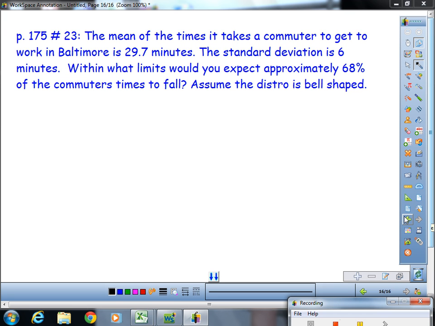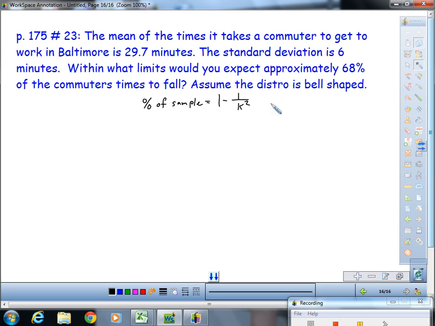So we want 68% of the data. Okay, 68% is going to lead us to doing Chebyshev's theorem, because Chebyshev's theorem says the percent of the sample is equal to 1 minus 1 over k squared, where k is equal to the number of deviations from the mean, and the mean is this x bar.